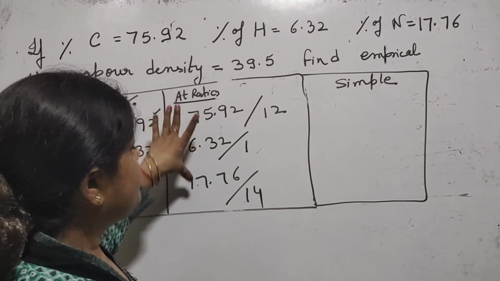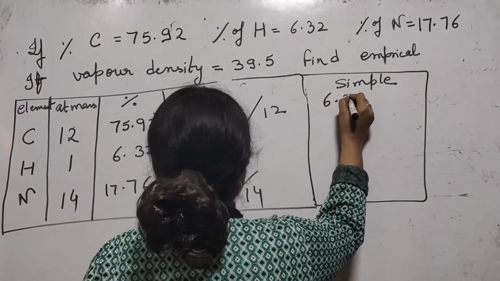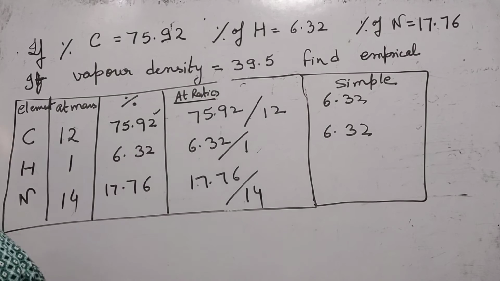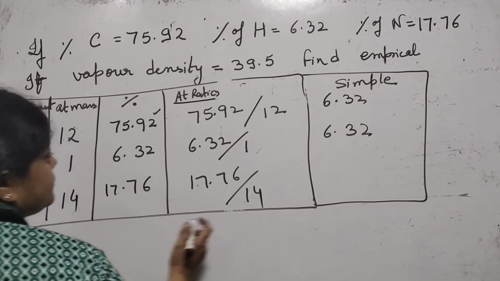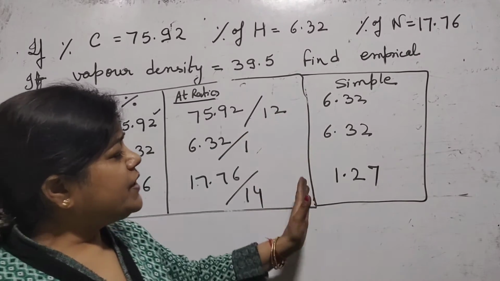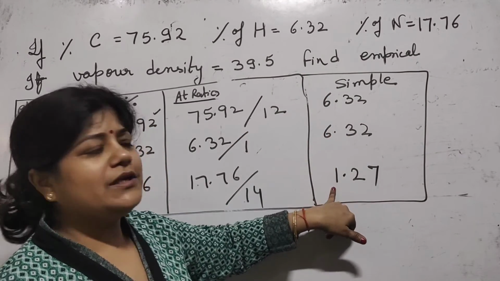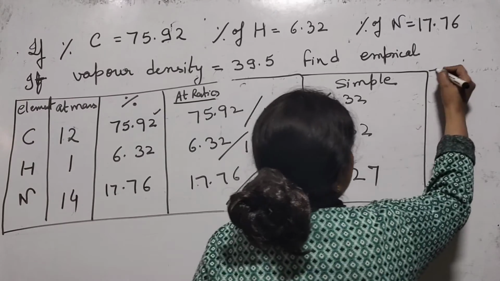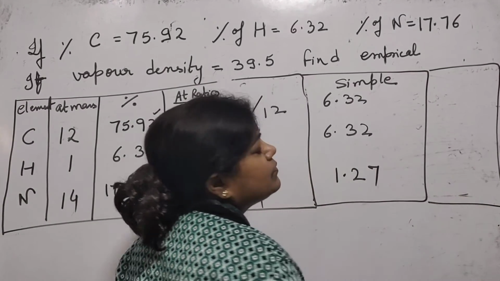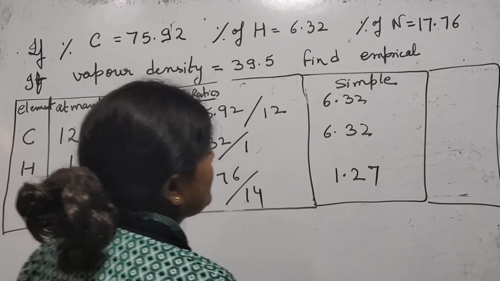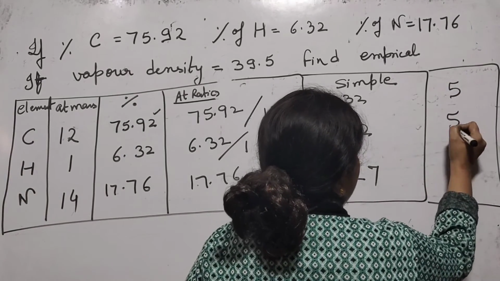When we divide, we find in each case we get 6.32, and here when we divide, we got 1.27. Okay. Now we divide again it by the smallest one, that is 1.27, and try it out to find the ratios in natural numbers, in the multiple numbers, and we get 5, 5 and 1.